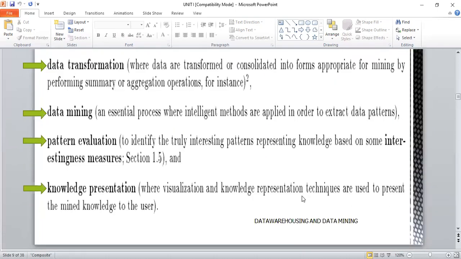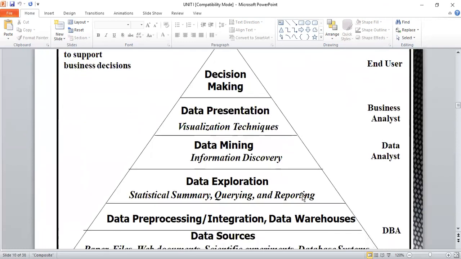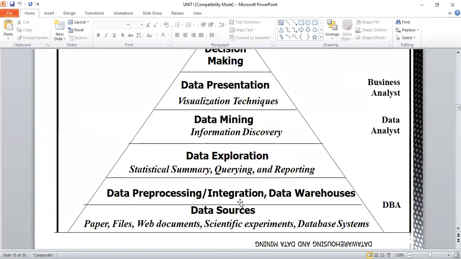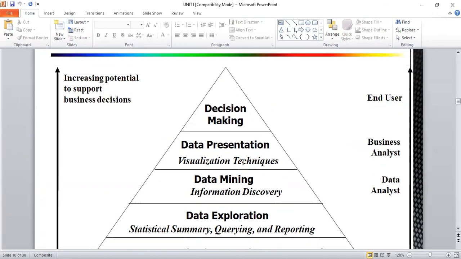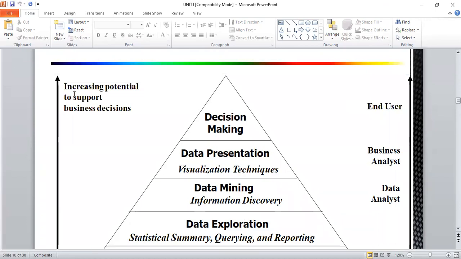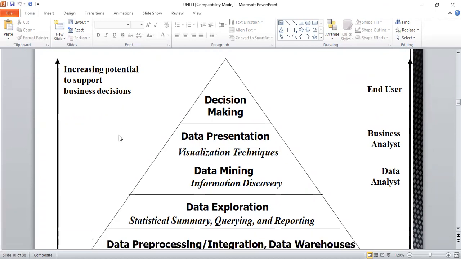These two are the important aspects of business intelligence. You can see in this slide there are different steps given. Ultimately, every step is increasing the potential to support business decisions. That is our main motive.